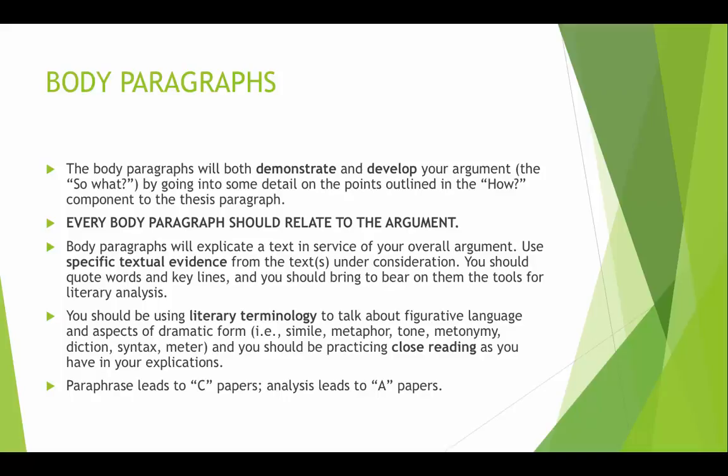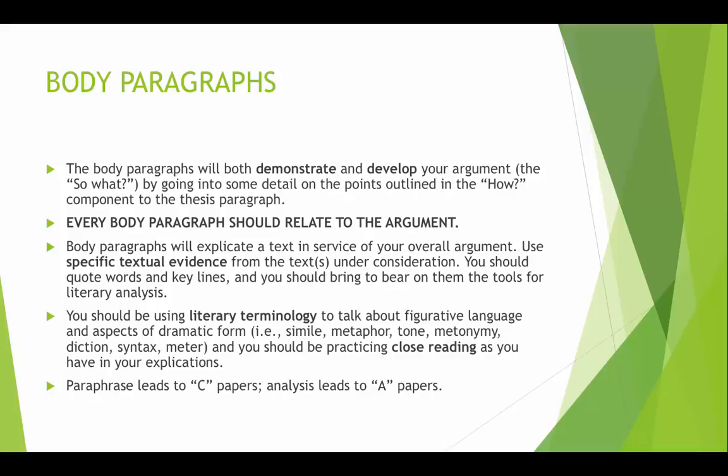You should quote words and key lines, and you should talk about them using the vocabulary of an English major. So simile, metaphor, tone, metonymy, soliloquy, and you should be practicing close reading as you have in your explications. So I would say, just as a general rule, as you're writing your papers and as you go back to revise them, if you find that your body paragraphs describe the text rather than quote specific lines and analyze the language, you probably want to go back and revisit that because your paper has lapsed into paraphrase.